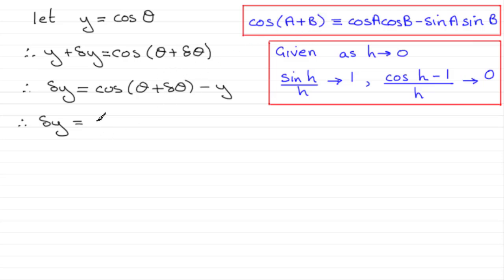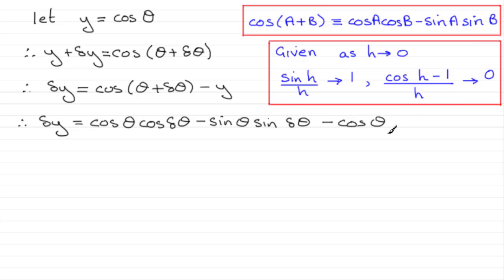So we end up with the cosine of theta, cosine of delta theta minus the sine of theta sine delta theta, and then we've got the minus y here, which I replace now with cosine of theta.